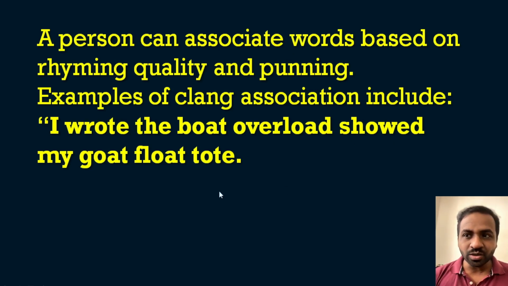There is no association or meaning for this sentence, but the words are put together because of their rhyming quality and tuning. Here the "oat" is the rhyming quality of this sentence. The patients speak like this in clang association.